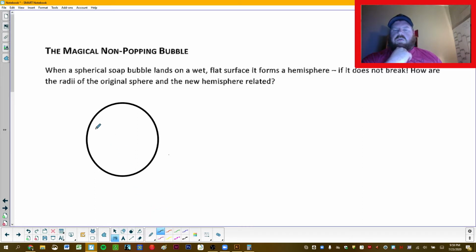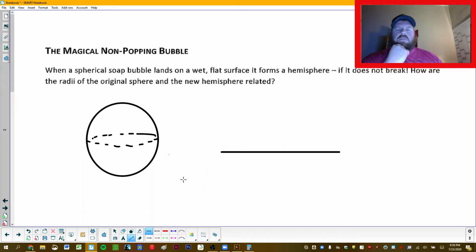For the first one, we're talking about a bubble. And when we have a bubble and it decides to land somewhere and not break, it lands on a flat surface, and if that surface is wet and again flat, it will turn into a hemisphere.